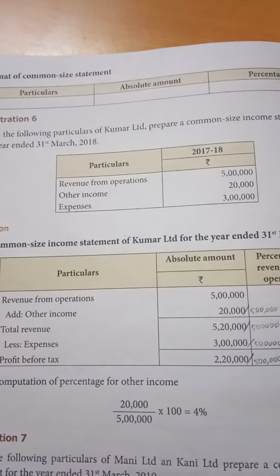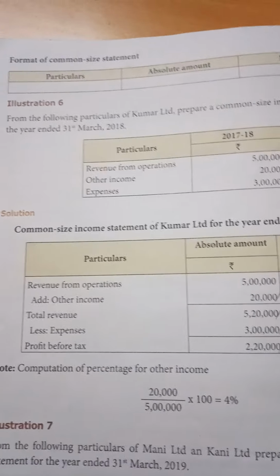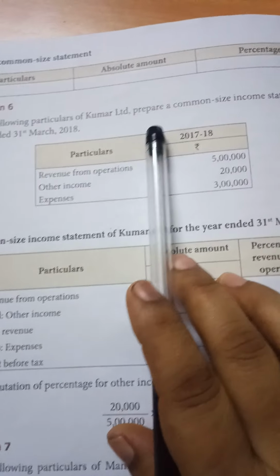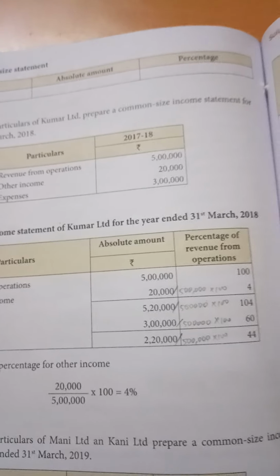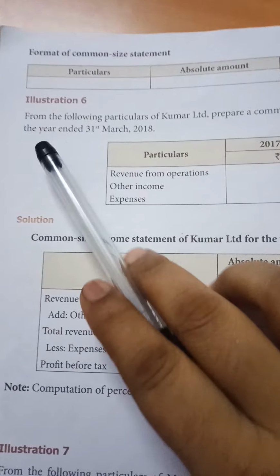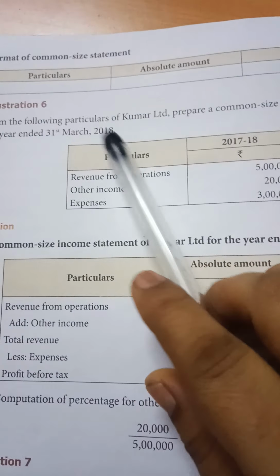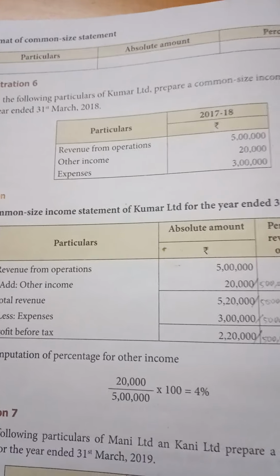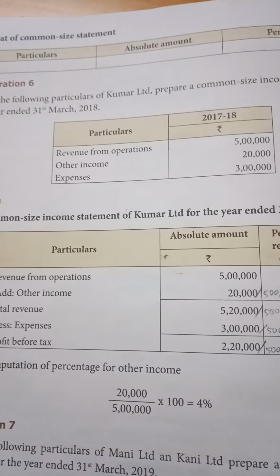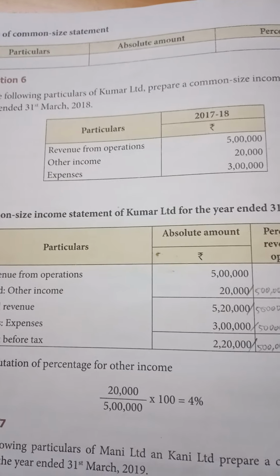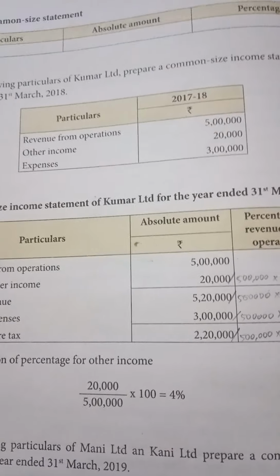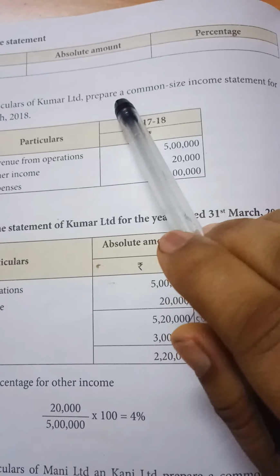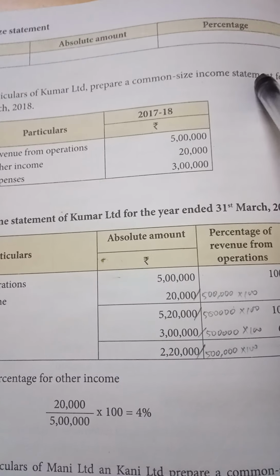So here, moving on to illustration 6, from the following particulars of Kumar Limited, prepare a common size income statement for the year 2018, that is 31st March 2018. Please keep in mind, the only place where we can differentiate which tool we have to use is this statement, that is prepare a common size income statement.